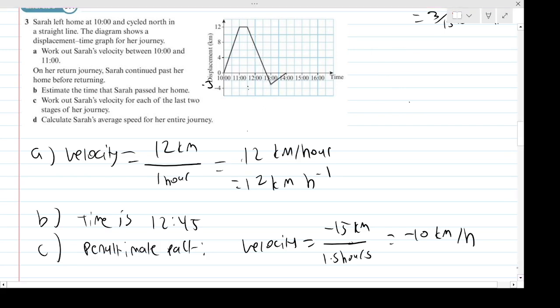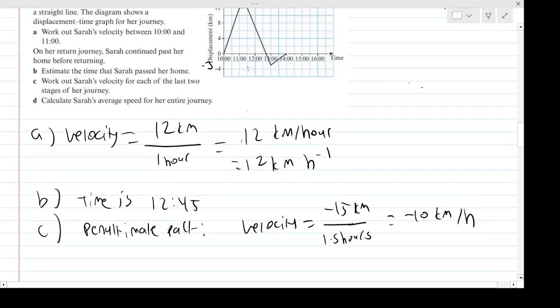Okay, now the final part is this little line part here where it goes upwards. So the velocity of that last part: the displacement goes from -3 back to 0, so it'd be +3. And again, the line is going up, so it's a positive displacement.